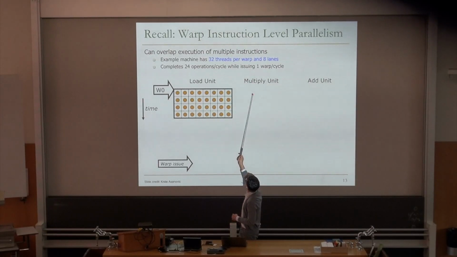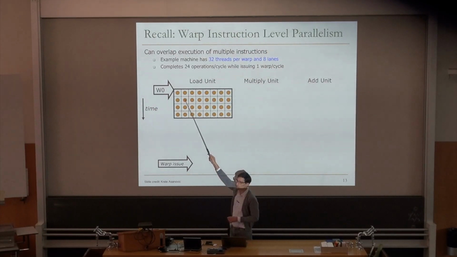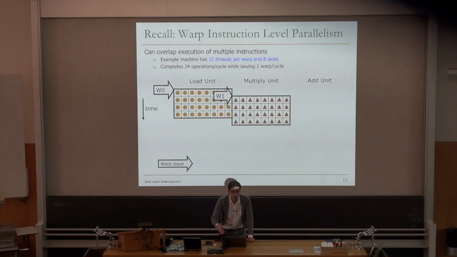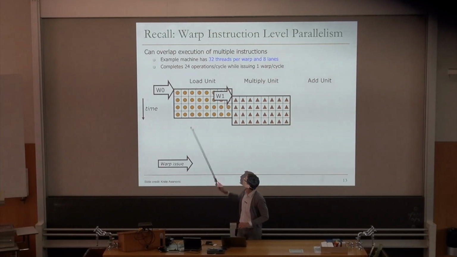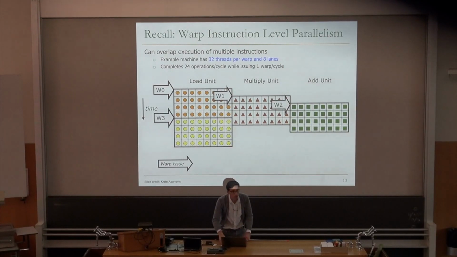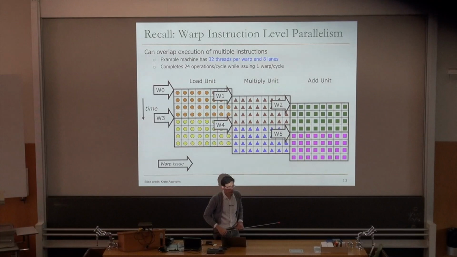Because we have only 8 lanes but 32 threads, they are going to be scheduled in 1, 2, 3, 4 cycles. As soon as the warp scheduler issues the very first instruction, in this case this vector load, it can issue the next instruction. In this case, it's a multiply instruction for warp 1. And then one addition, and then again one load instruction, in this case for warp 3, and then we have warp 4 and warp 5.